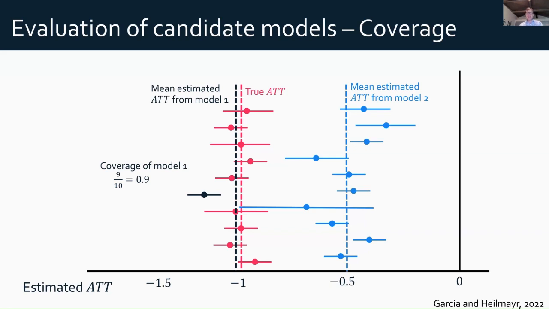That's the metric that we're targeting: the estimate is in the right place and our confidence intervals are giving us a good estimate of the uncertainty of that estimate. So we want 95% coverage. Model 2 has a 10% coverage. That's a pretty unreliable estimate of what the impact of this policy has been.